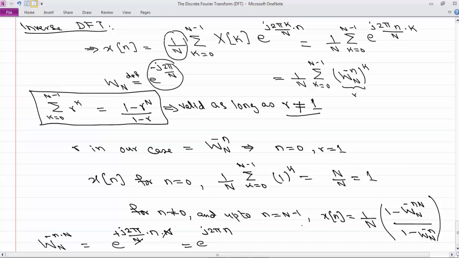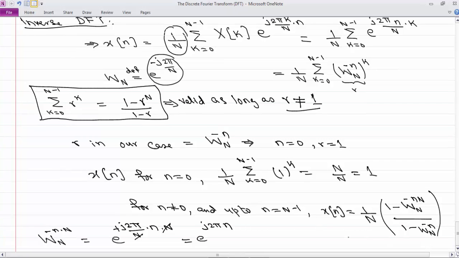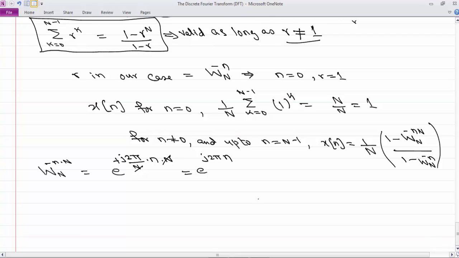What is e to the j 2 pi n for n not equal to 0? It's 1. If you don't know why, just look at cosine of 2 pi n plus j sine of 2 pi n. Right? Sine of 2 pi n is always 0 and cosine of 2 pi n is always 1. So this is equal to 1. So I plug in 1 here.